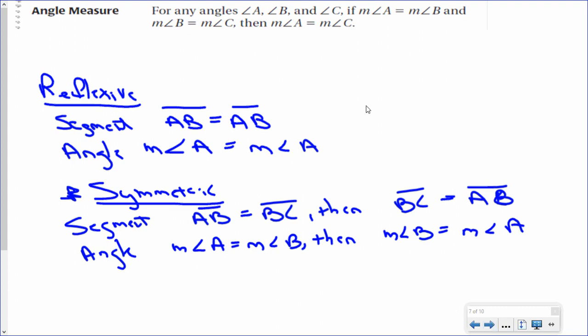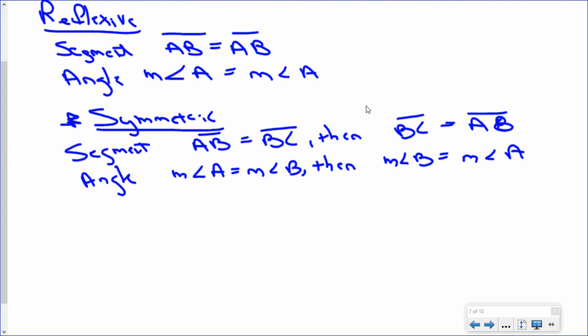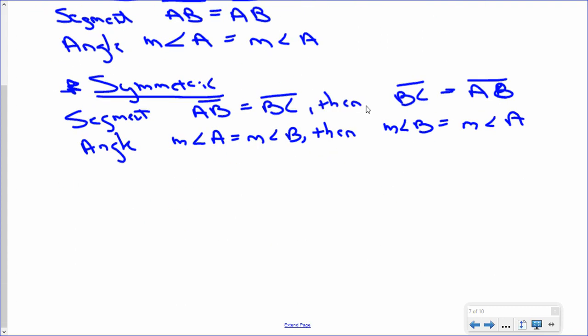All right, let's see if I can scroll down a little bit here. Okay, and the last one is called transitive. Again, we're typically dealing with segments or angles.